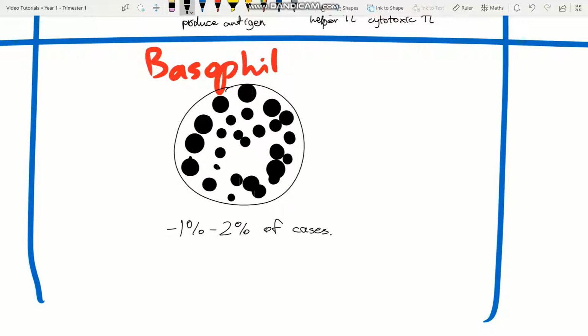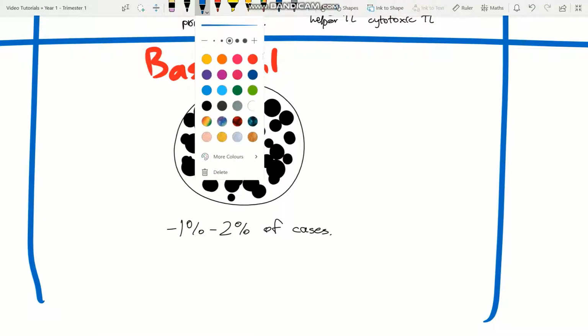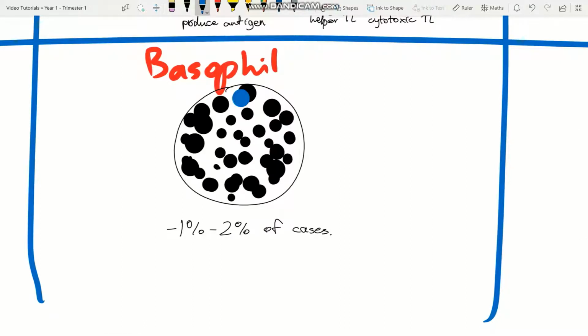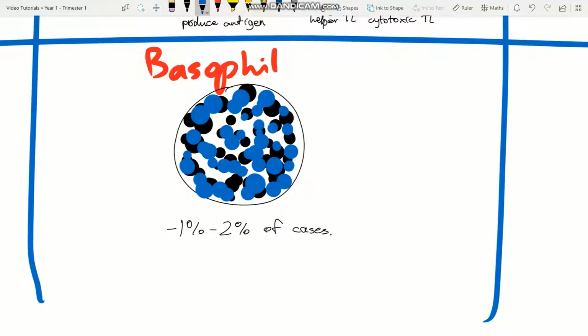And as they are basophilic, they would stain purple. And in this case, it's actually quite hard to see where the nucleus is in this cell because it has so many granules within its cytoplasm that essentially it's just covered in all of these. So it's very hard to actually see the nucleus.